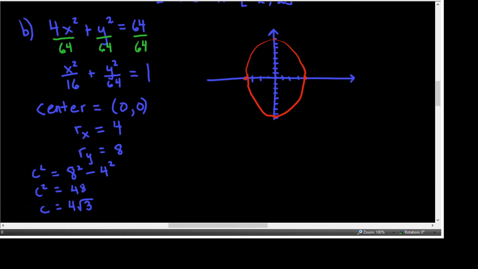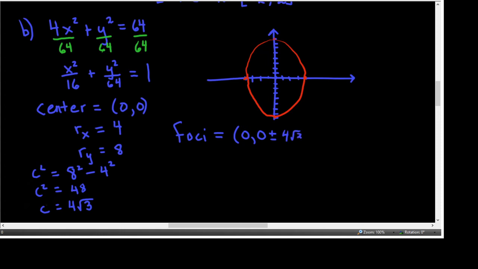It's fine. All right, so the coordinates of the foci. This time we moved from the center up and down further than we'd moved left and right. So starting at the center, 0, 0, we're going to move up and down a distance c to get to the foci. Since we're moving up and down, that's going to change the y coordinate by 4 square roots of 3.